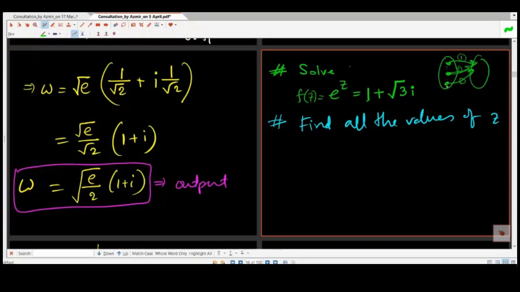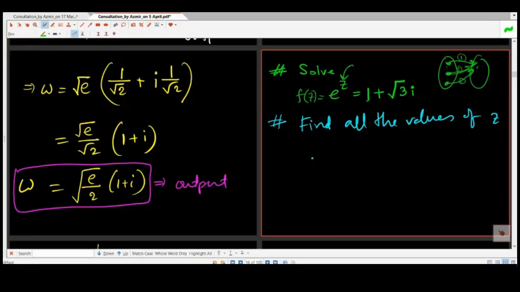For this input, we are getting 1 output. So we can say that complex exponential functions are single valued. So this z can take many values, but the output will be only one value. That is already given, 1 plus square root of 3i.